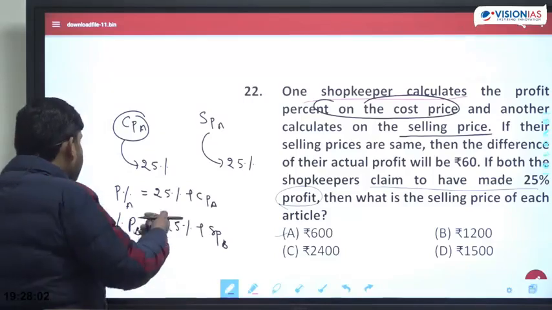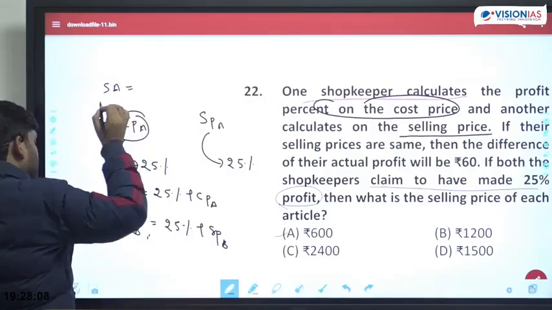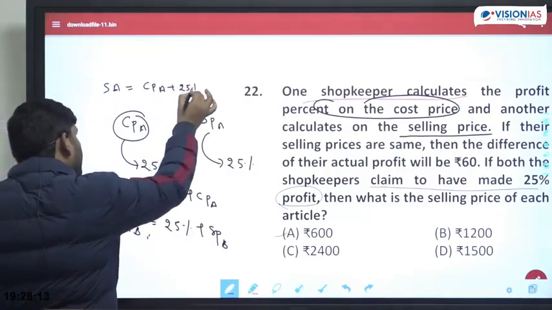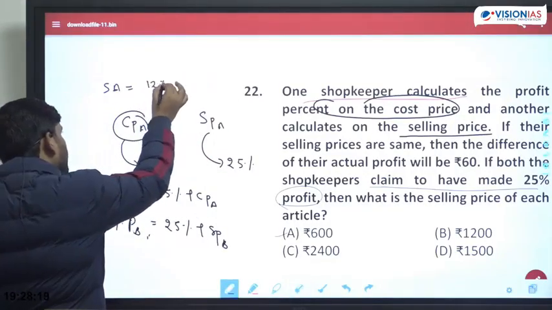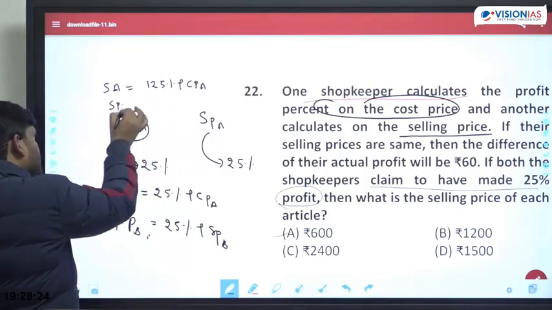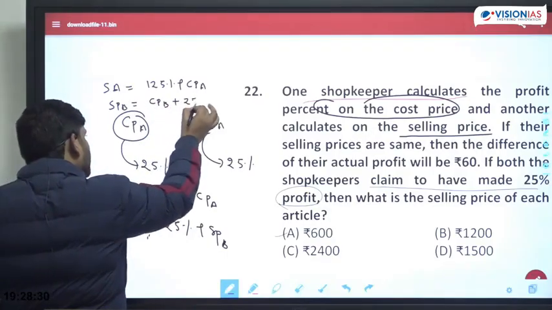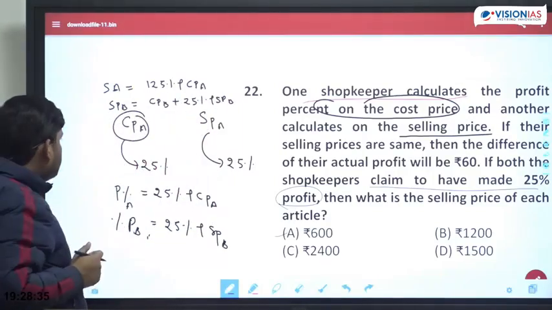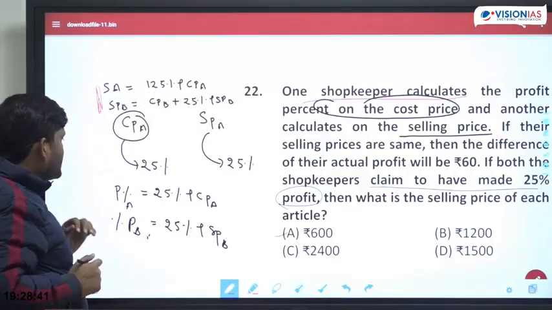So if selling prices are the same, that means selling price of A is simply equal to the CP of A plus 25%, or simply we can say 125% of cost price of A. Selling price of B is something different, because cost price of B plus 25% of selling price of B. If this comes on this side and these two are equal, again a lot of equations are coming.